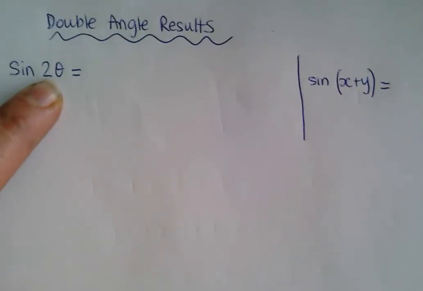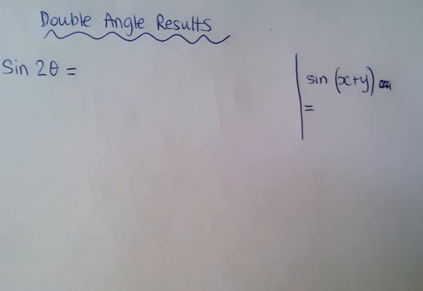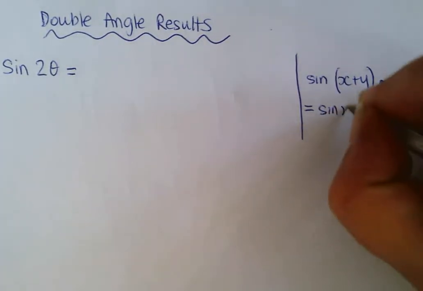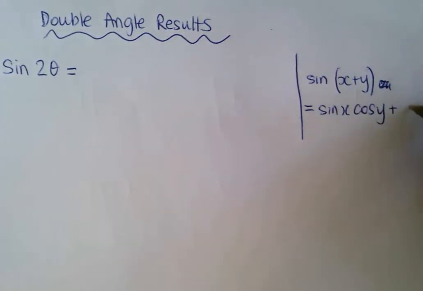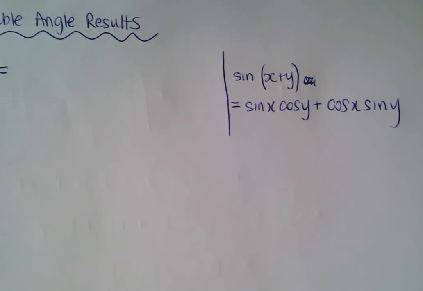Now we know from last lesson that sine of x plus y, do you remember the expansion for that? What is it? Sine x cos y plus cos x sine y. Now that's the result for sine of x plus y from last lesson. Now what we're going to do for sine of 2 theta is let x and y both be theta.